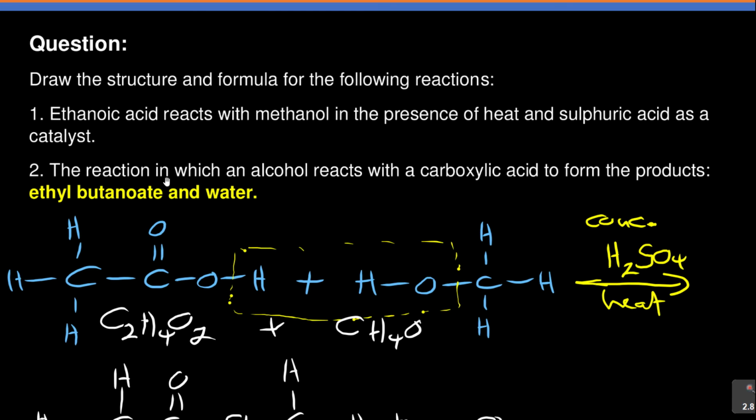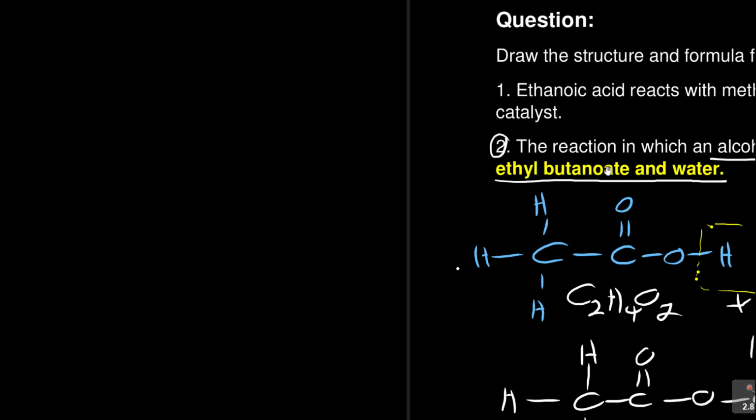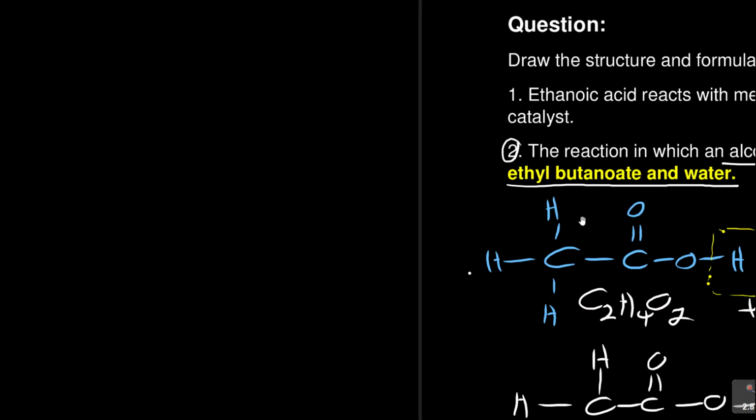Number 2 now. The reaction in which an alcohol reacts with a carboxylic acid to form the products ethyl butanoate and water. Interesting one. So they gave us the product here, ethyl butanoate. So we want to find out the reaction. So let's start from the end. What is ethyl butanoate?